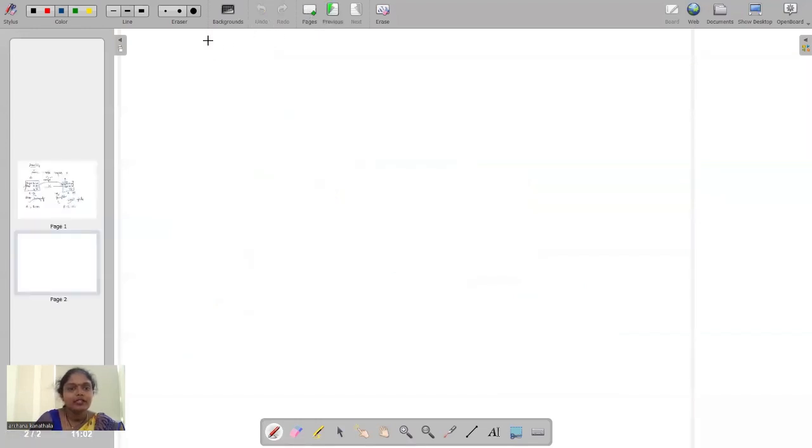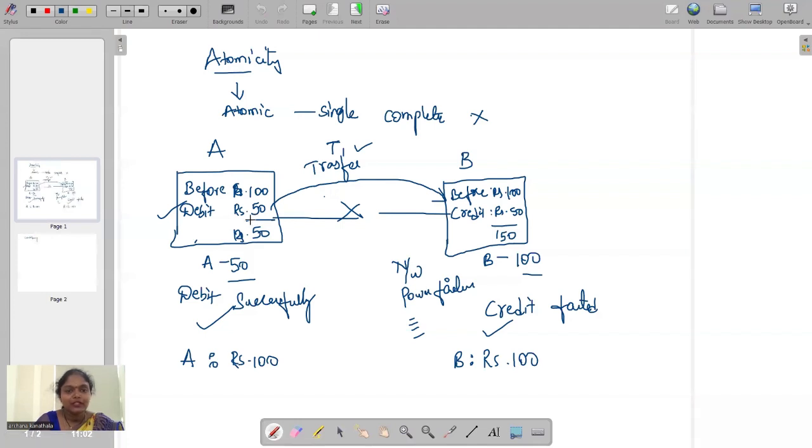Now, the second one is consistency. Look at this particular picture. Consistency tells that when the debit operation is done in account A and the credit operation wasn't done and has failed, there were inconsistent values.